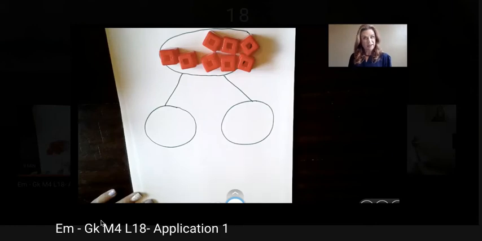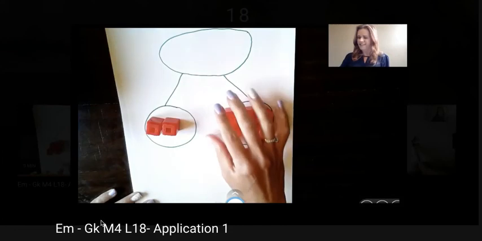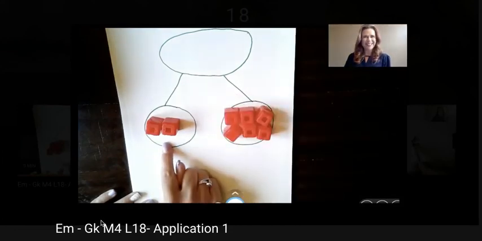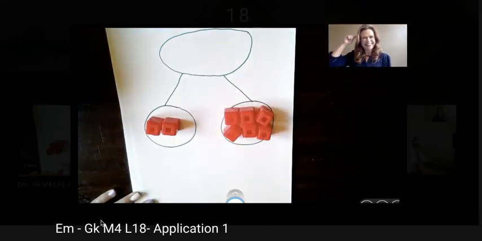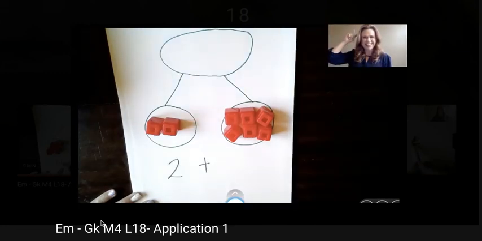Let's check your work. Are we ready? So what is our first part? Think. Say it. 2. And what is our next part? Think.